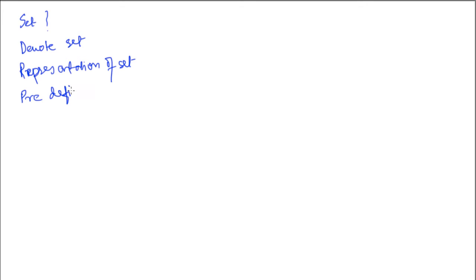So in this video, what we have done is we have understood what is a set, how we denote a set, representation of a set, then some predefined sets that are mathematical, and symbols.